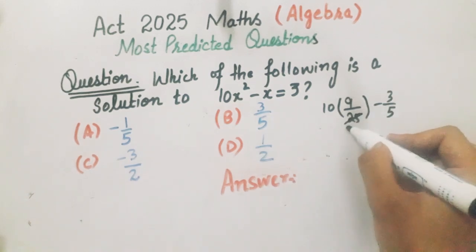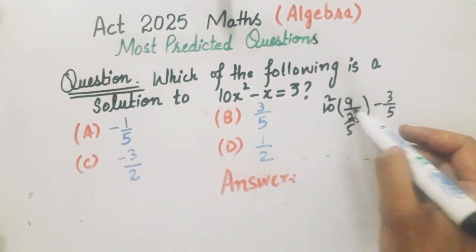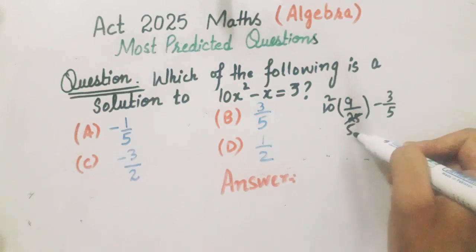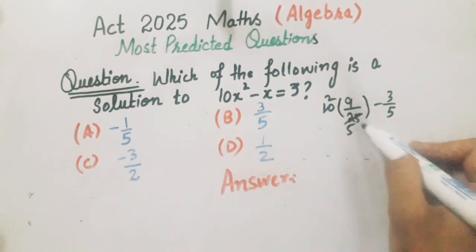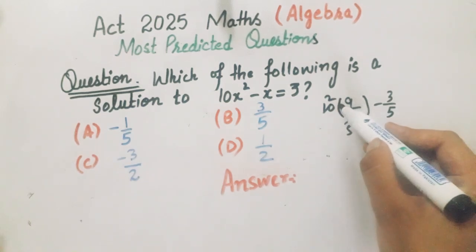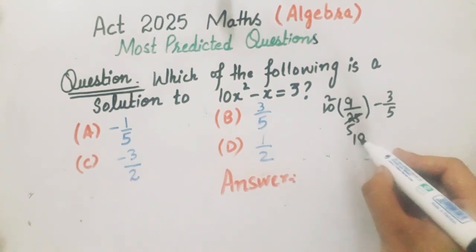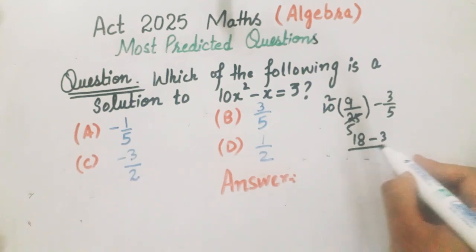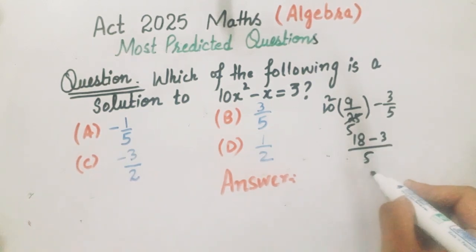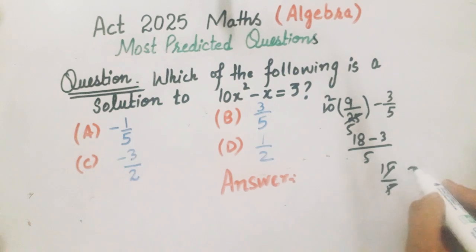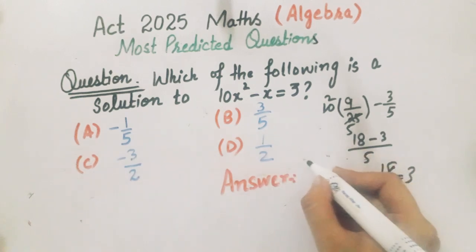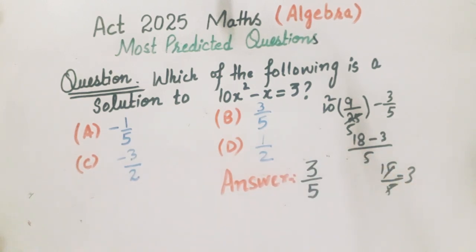So you will get 18 minus 3 divided by 5. So 15 by 5, which is equal to 3. So this option is correct. So you will write the answer, that is 3 by 5. Now we will solve the next question.